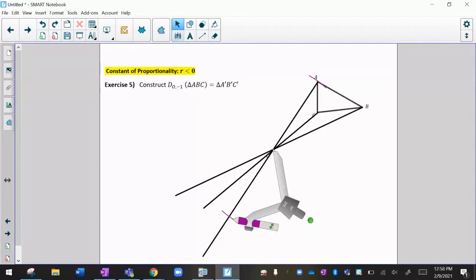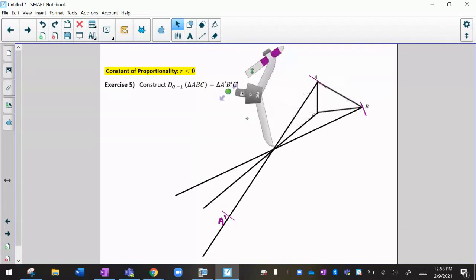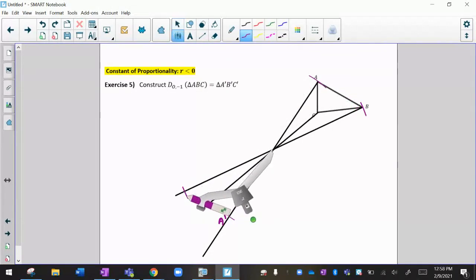So this is A prime. Then I'm going to do the same thing for B. I'm going to measure from O to B, that far, dilation of 1, spin it to where B extended out to. There's your dilation of -1, and then the same thing with C.